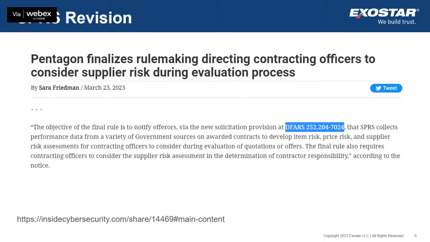So, all things go into contract awards, right? The proposal submissions, pricing, but also the risk of that supplier is another one of those factors that contracting officers can consider.